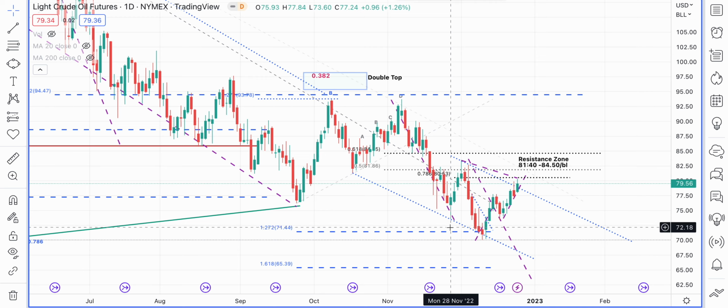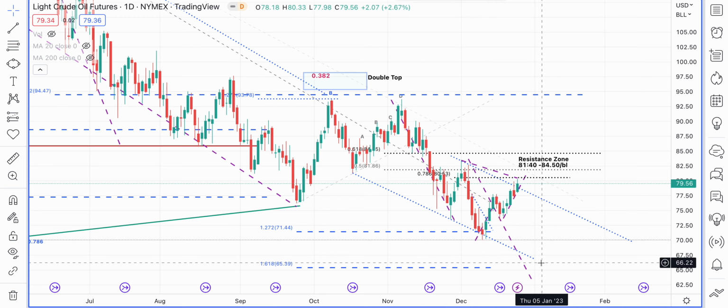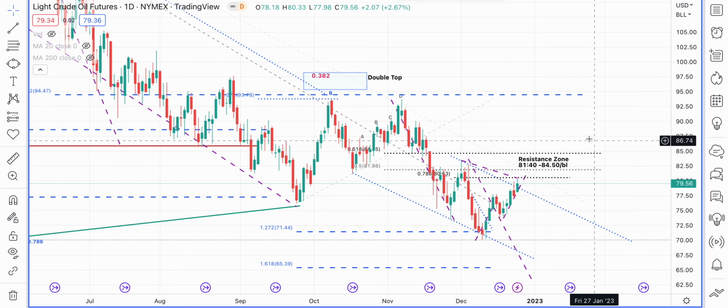So we'll have drive 1, drive 2, drive 3, and perhaps that could mark the move lower in this market. However, if this resistance zone is taken out to the upside on 2 consecutive daily closes, then there's a possibility that the low came in a little earlier than anticipated, and we'll have to change our bias from the shorter-term short side to the long side of the market.